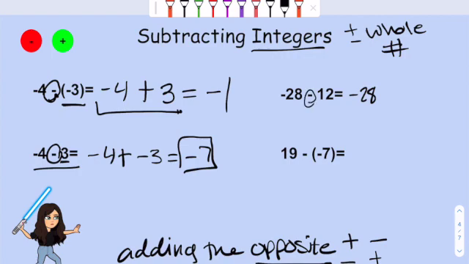So instead of subtracting, we are adding the opposite of 12, which is -12. And now we have -28 plus -12, which is -40.